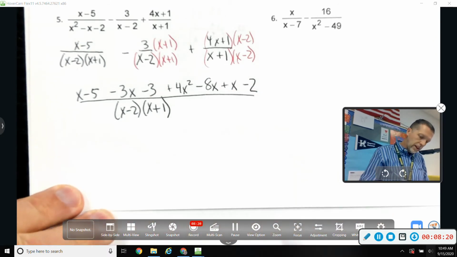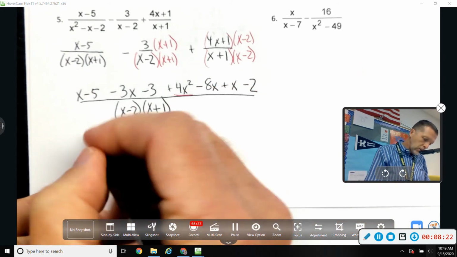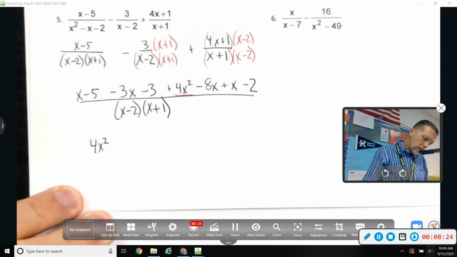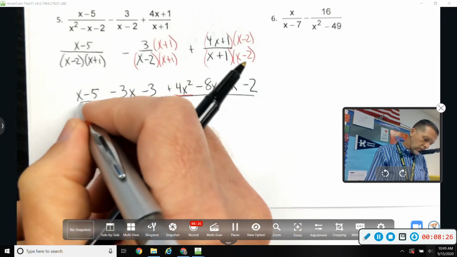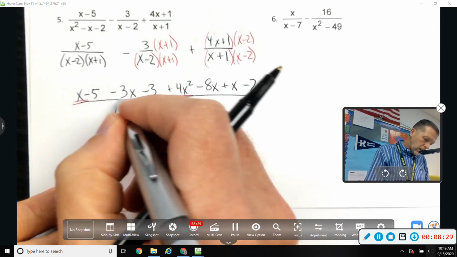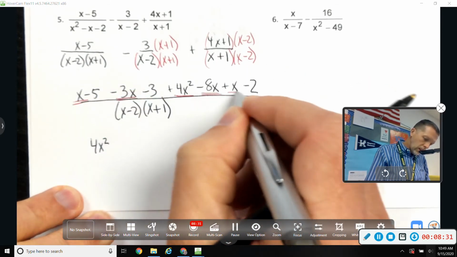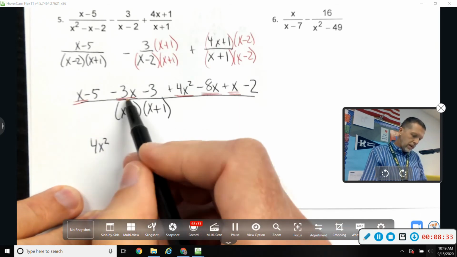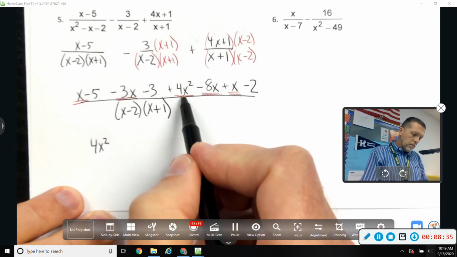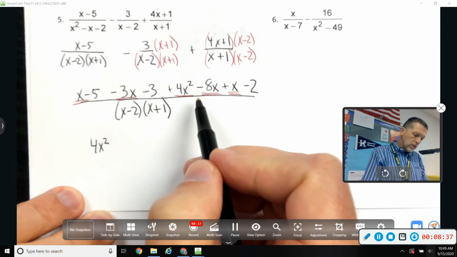So looking for like terms, there's only one x squared term. The x's, there's quite a few here. Whoops, that's an x squared.